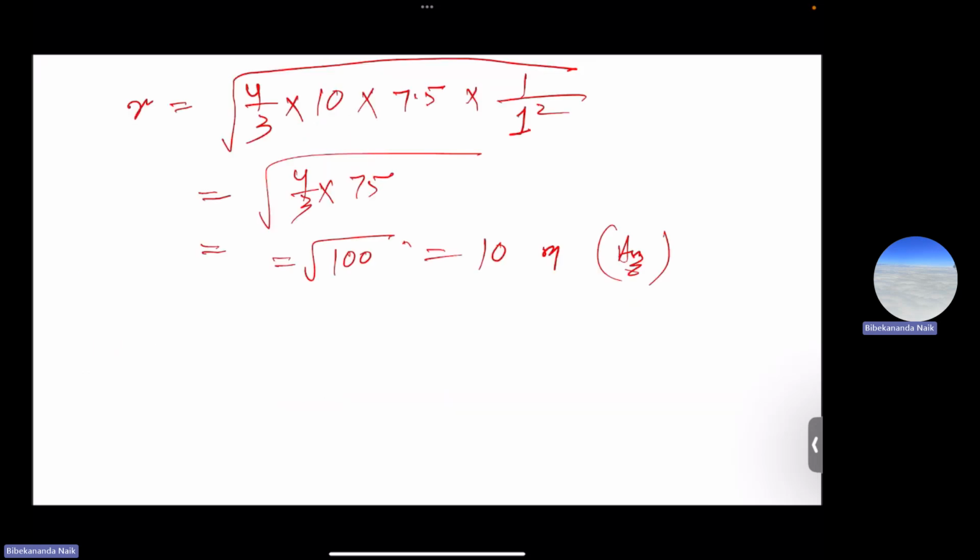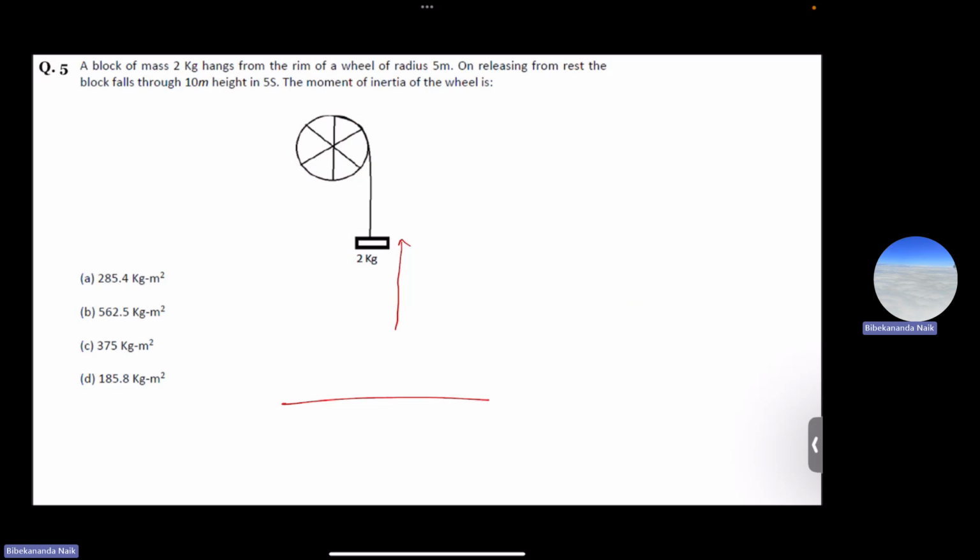Suppose this is the height of 10 meter and it took 5 seconds to reach here. The mass is again 2 kg and the radius of the wheel, this is 5 meter.